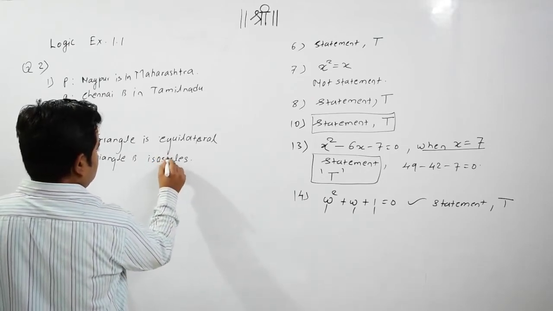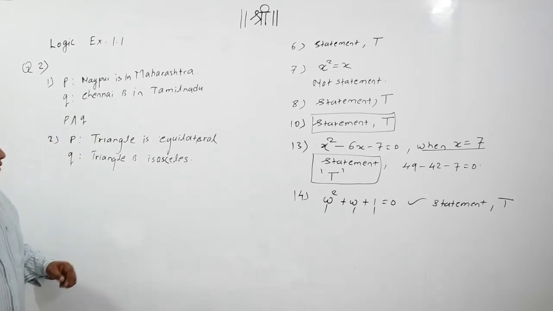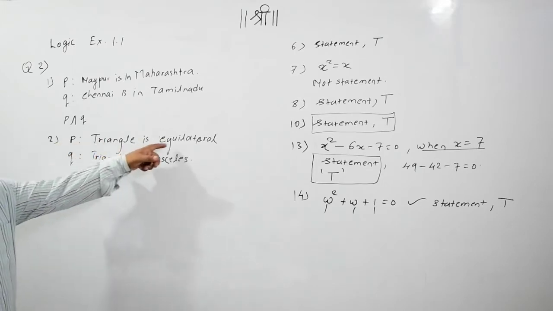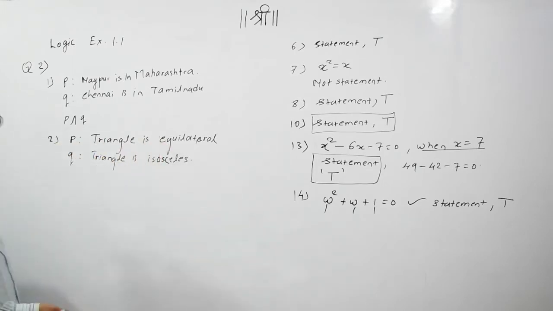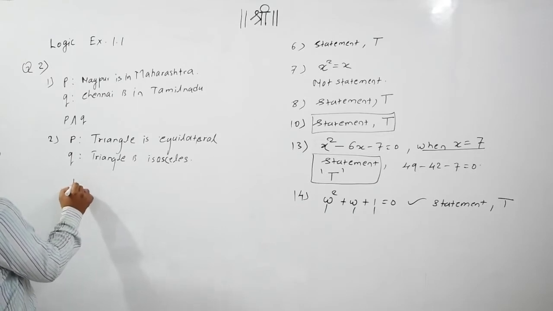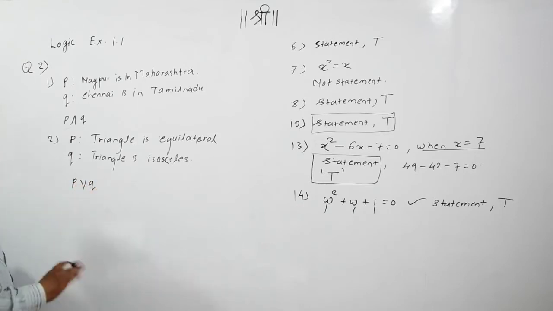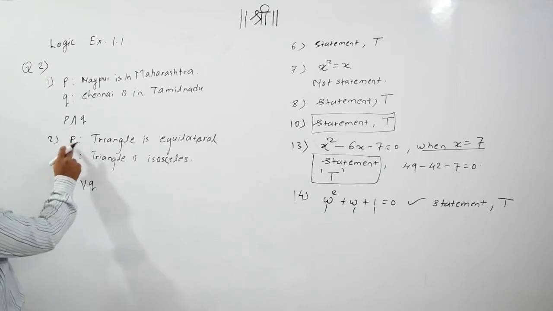So the triangle is isosceles, and the triangle is equilateral. Again, the given combination is P or Q. That's what they wanted. So this is the symbolic form.